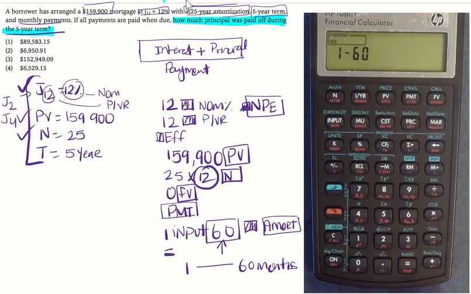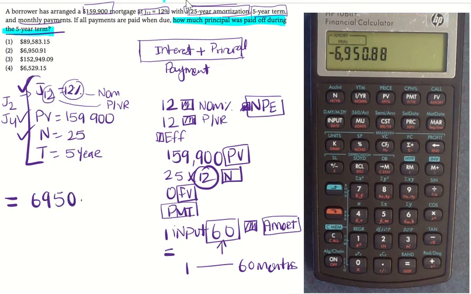So we did that. Now you press the equal key. When I pressed the equal key with 1 equal, it will give us 6950.88 cents. If you see at the very top, right here, it says principal. That means this is the principal that was paid off during 5 years.